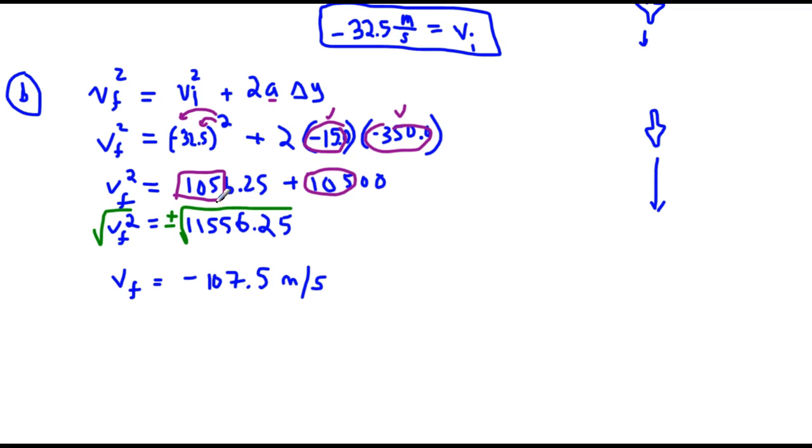When I add these, I'm rounding to the tens place. This is the hundreds place that it's rounded to. So I round this to the hundreds place, which means it has 3 sig figs. When I square root, my answer has to have the same number, 3 sig figs. So I have to round this to minus 108. There we go.